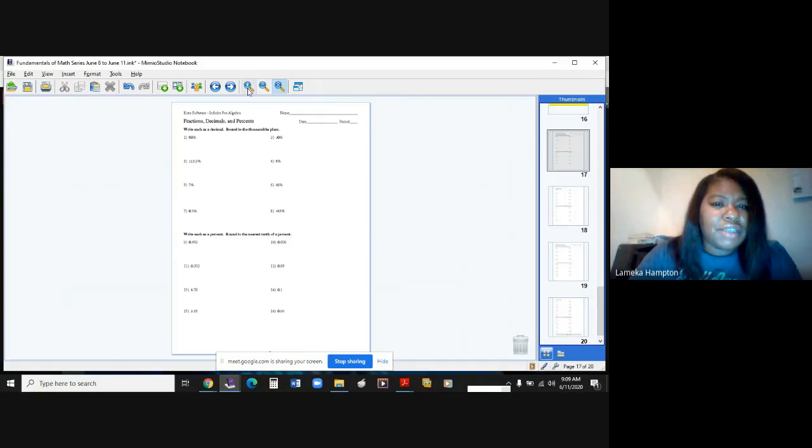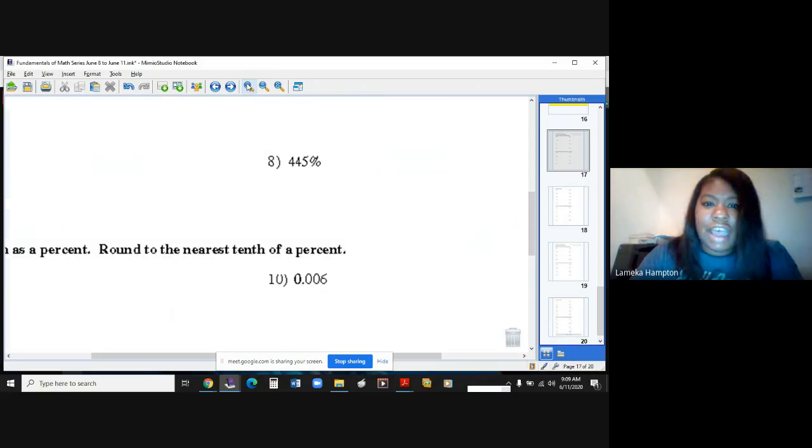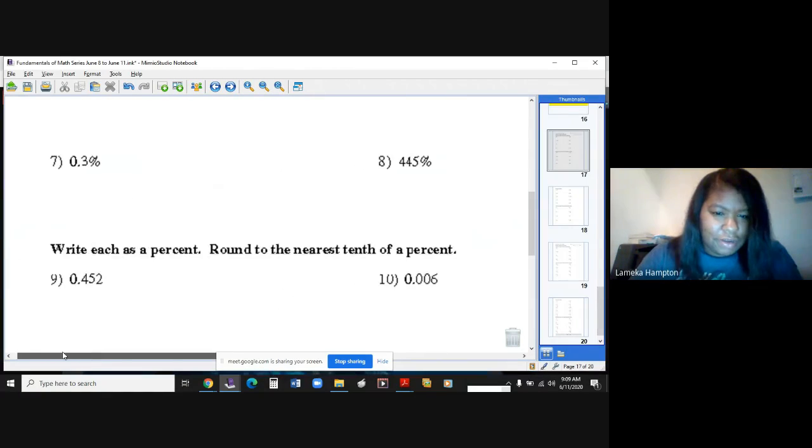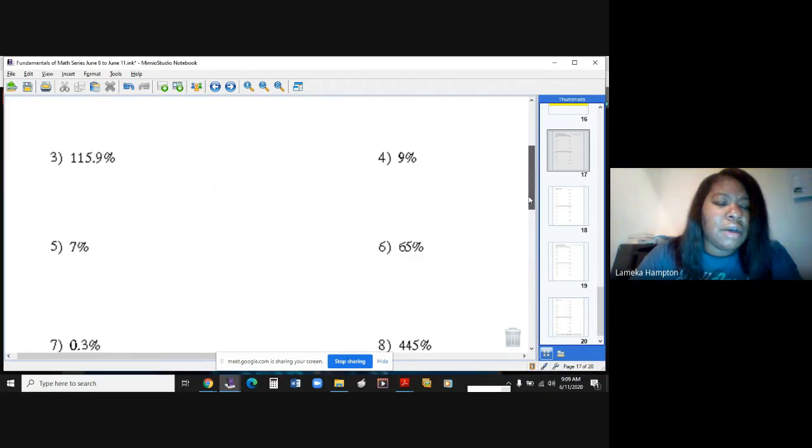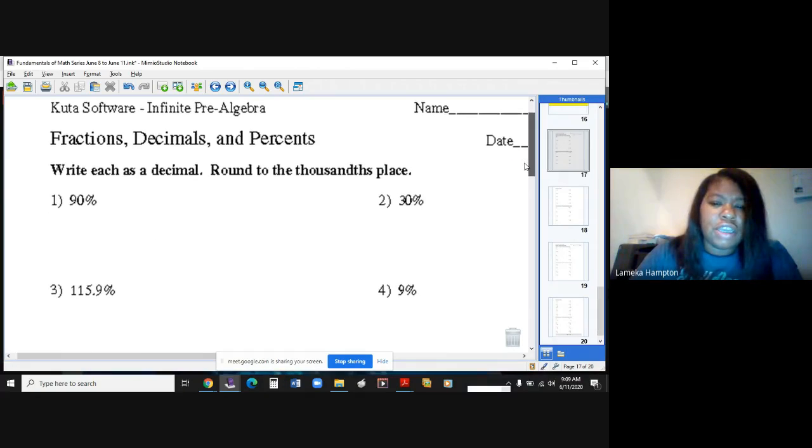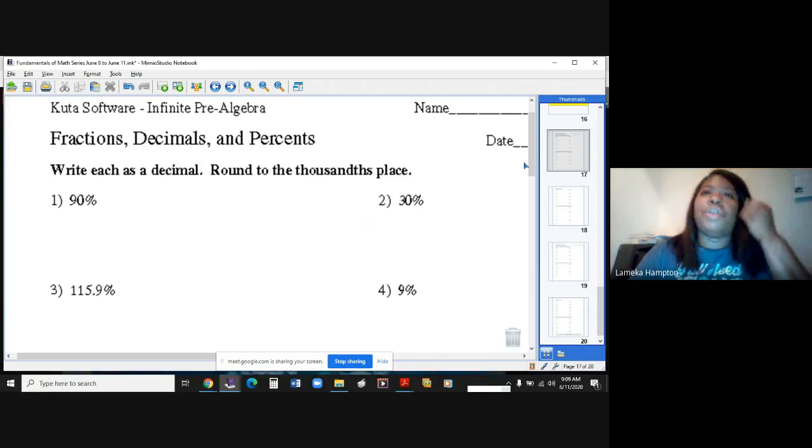As always, I'm going to make this bigger, because if I can't see it, I know you can't see it either. We're just going to do a couple of problems, making sure that we know how to follow the rules of converting fractions, decimals, and percent.